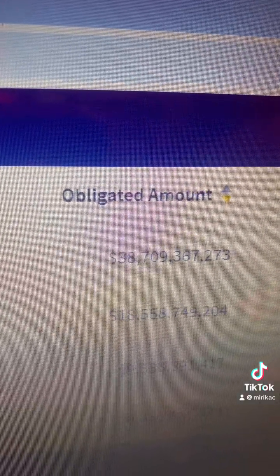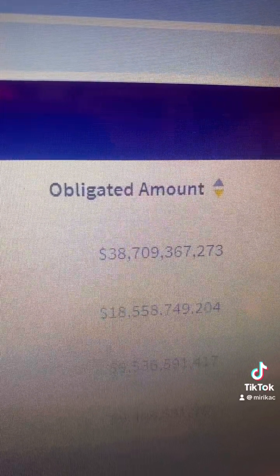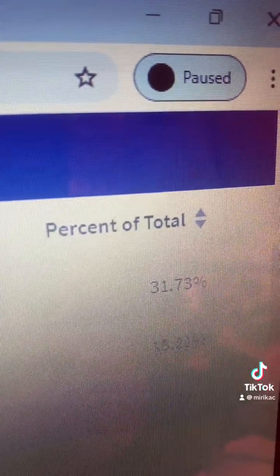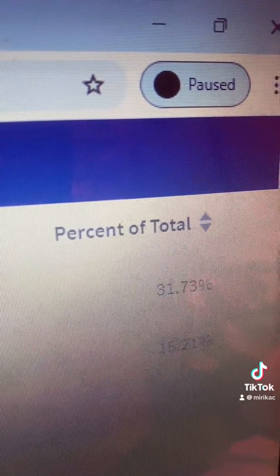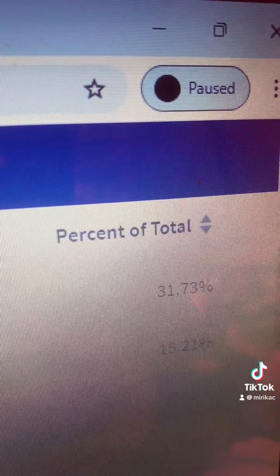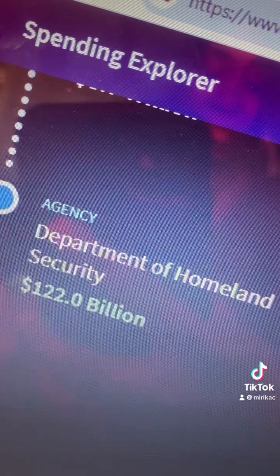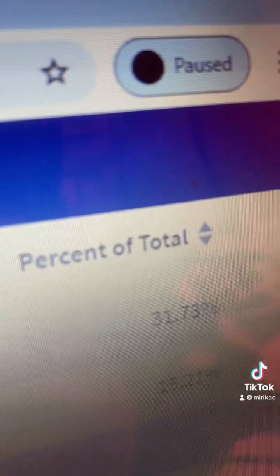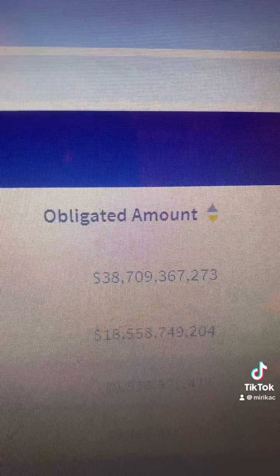FEMA has this much money, 31%, meaning it gets the most money right there, okay? You got 31% of it. That's the total.